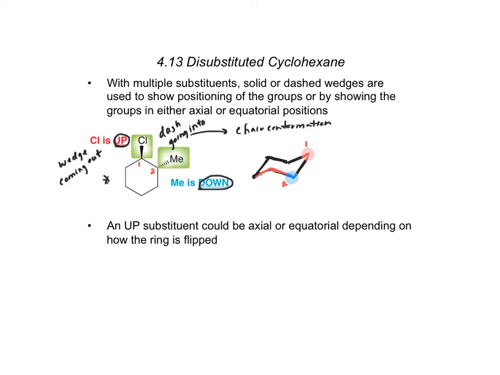So right here, for carbon 1, there are two options. We have axial, equatorial. Axial is the up position for carbon 1. So for chlorine, we've defined it as up because it's a wedge. So we're going to put that in the axial position because that is what is up, the axial position, okay?